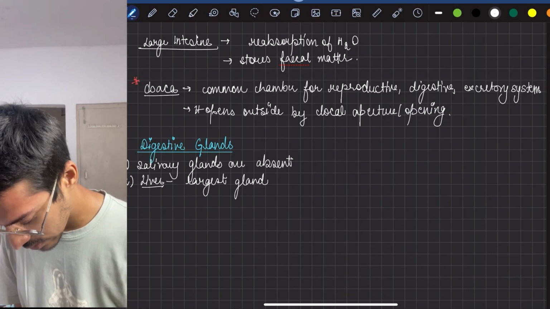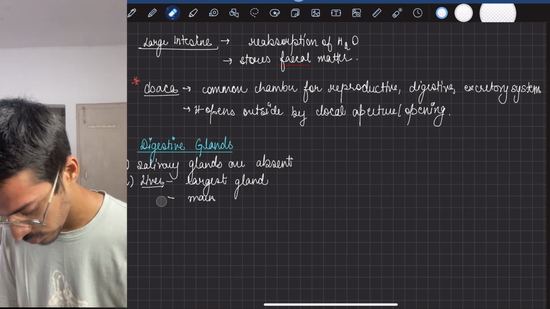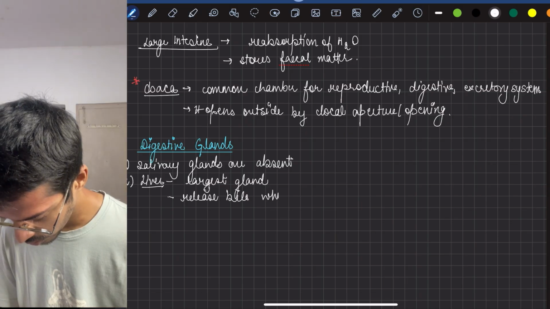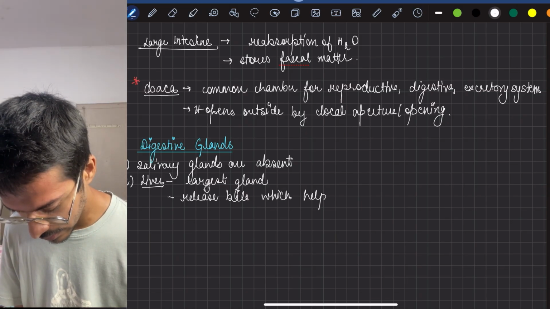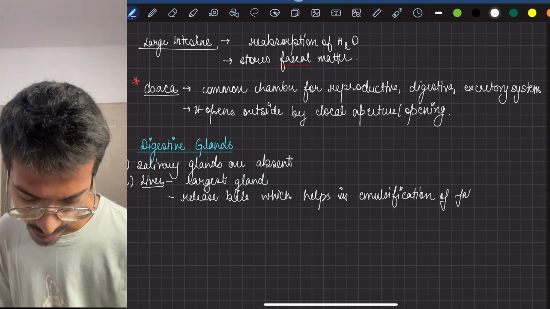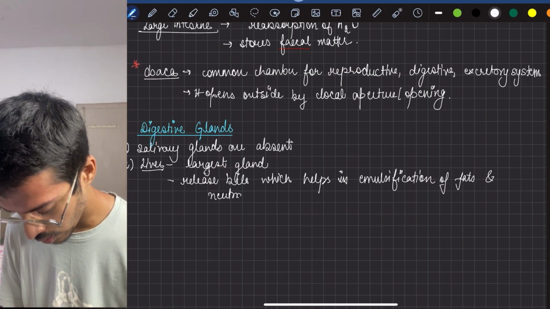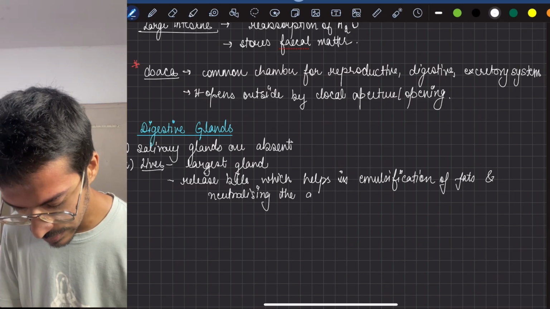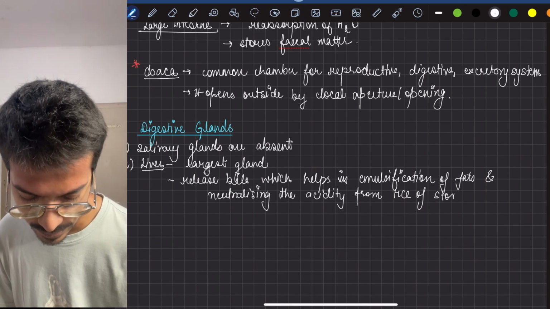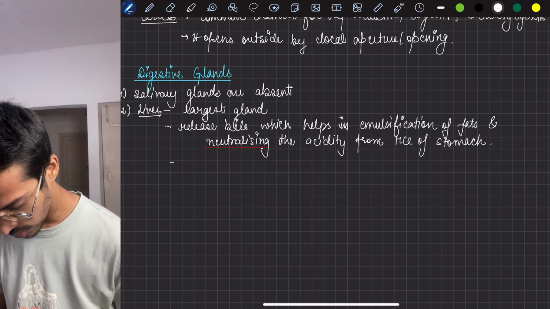Its main function is to release bile, which helps in emulsification of fat and neutralizing the acidity from HCl of the stomach.